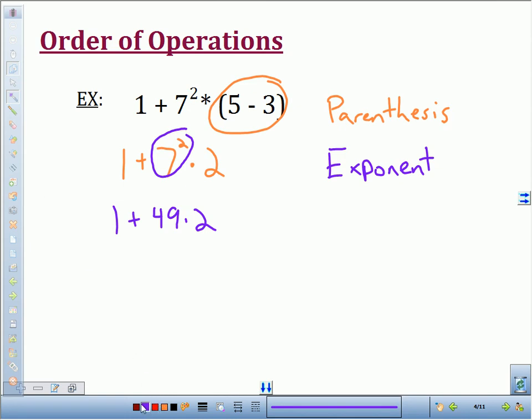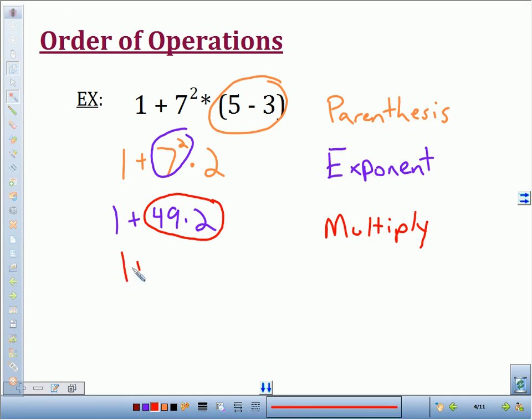After we're done with that, PEMDAS says we need to deal with the multiplication and division. Now, since there's no division in this particular problem, we're just going to look at multiplication, which we have here. So we're going to multiply. I have 49 times 2. 49 times 2 is 98.